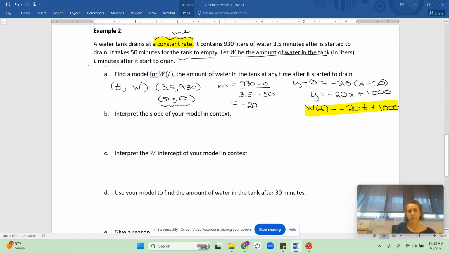Interpret the slope of your model in context. The slope is negative 20. Let's think what that means. That means I'm losing water. How much water? I'm losing 20 liters per minute. Remember, the slope is always for every 1 unit of x.